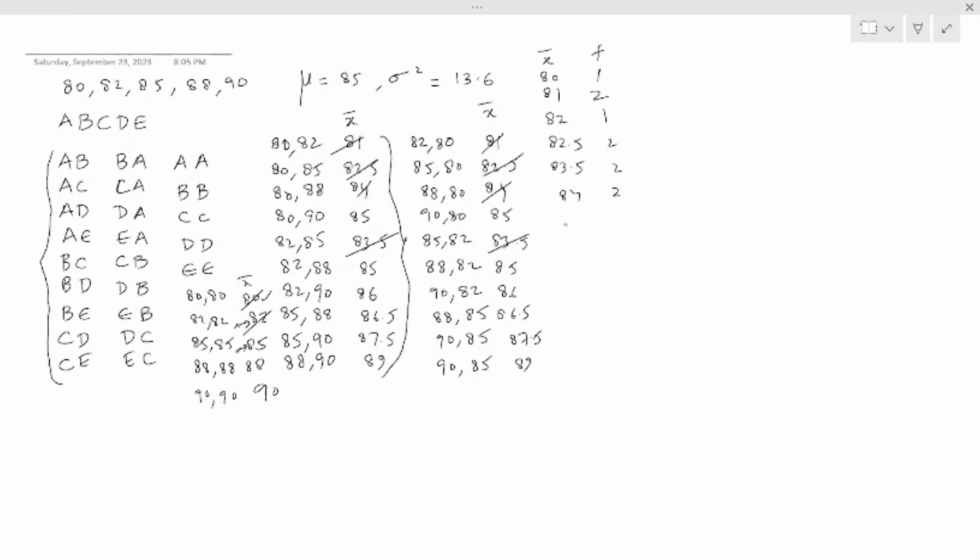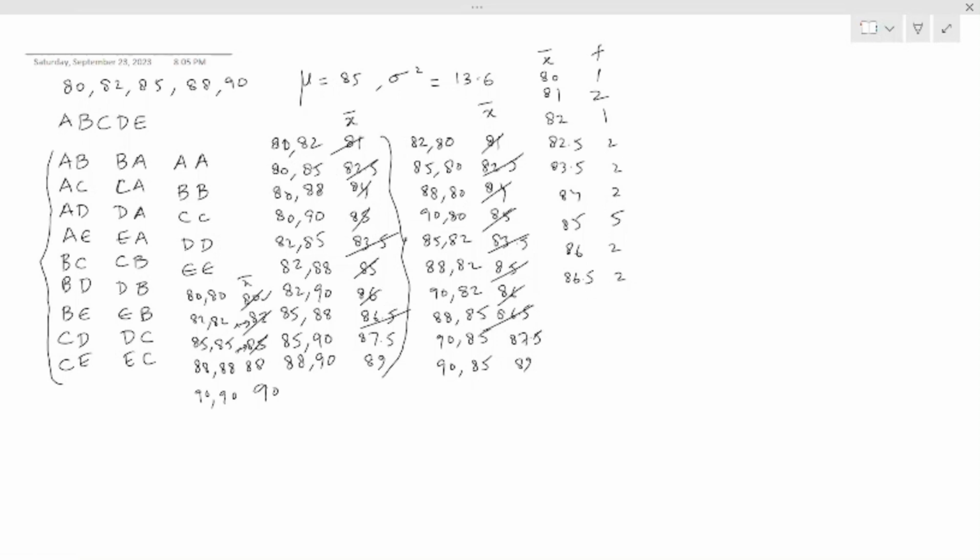Then if we go to 85, 1, 2, 3, 4, and this is the fifth one. Then 86 we have once, twice. Then we have 86.5, again occurring twice.